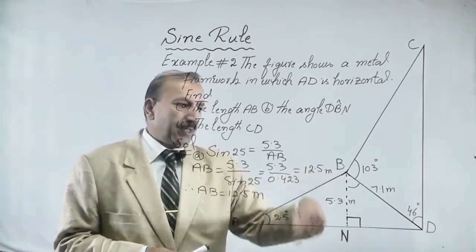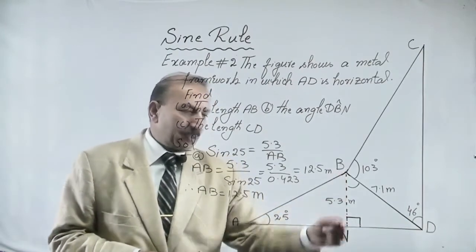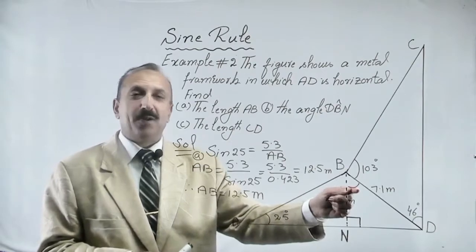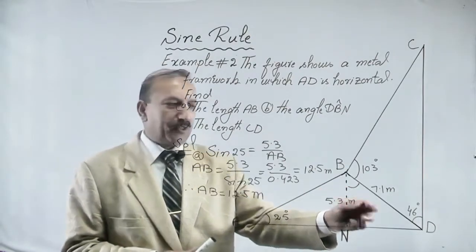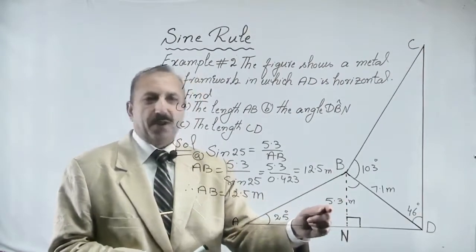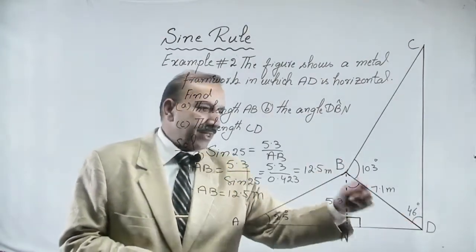This DBN, here is D, here is B, here is N. Here is the angle that we are supposed to find. And let's see how many values are present in this triangle. We see this one side BN is 5.3, and the other side, BD, is 7.1.